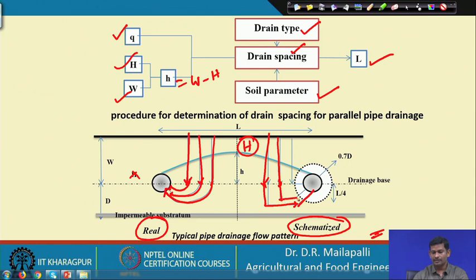Also the horizontal flow is influenced at L by 4 distance, and the radial flow is influenced 0.7 d from the drainage base.